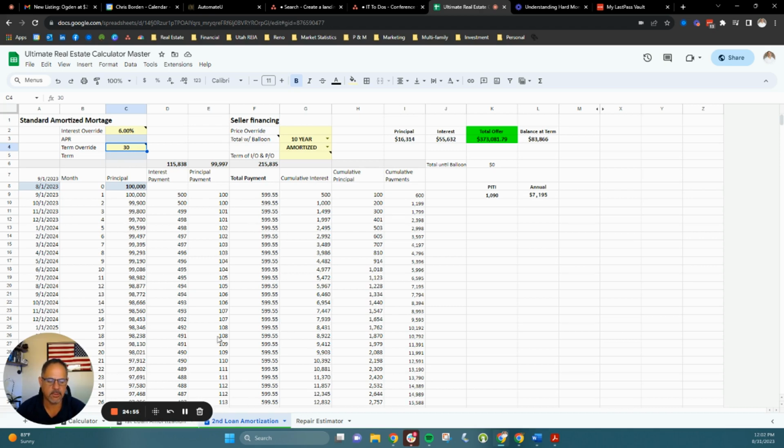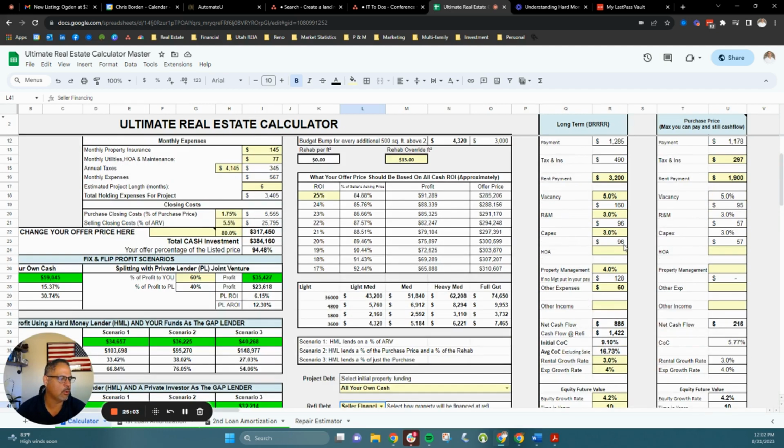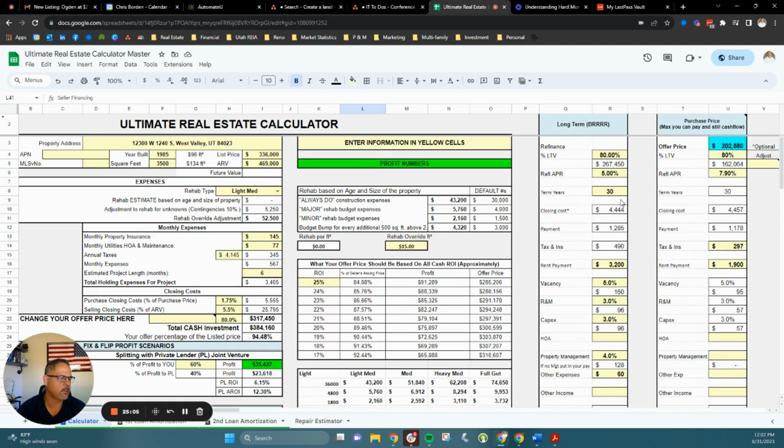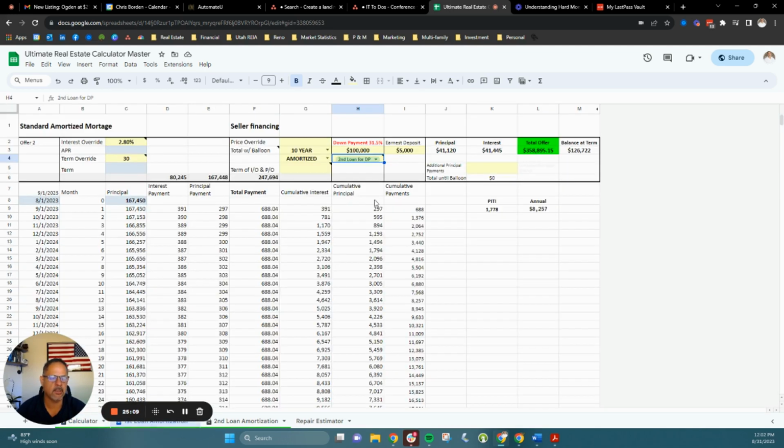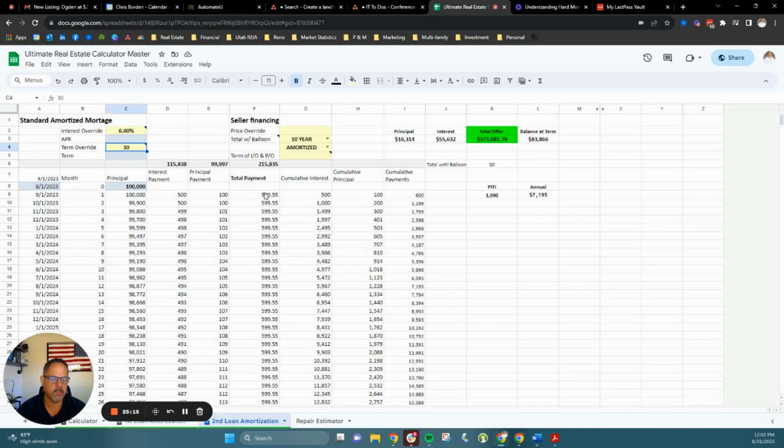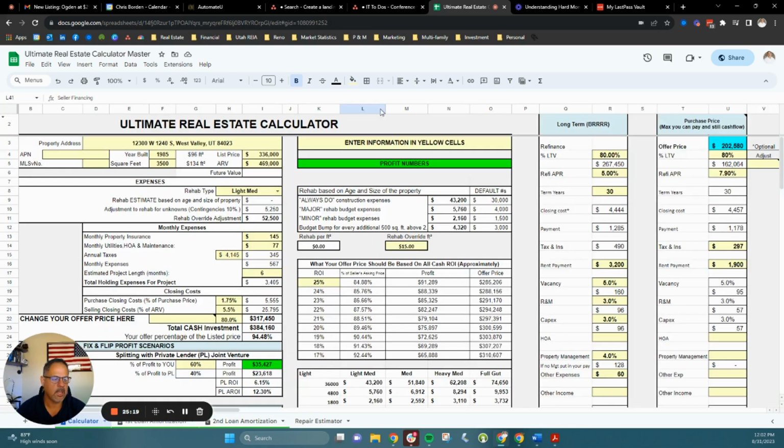Then when you go back to the calculator tab and look at the total payment cost, it's going to aggregate the payment from here as well as the payment from here. So you're looking at two payments added up to cover the entire debt on that particular property.